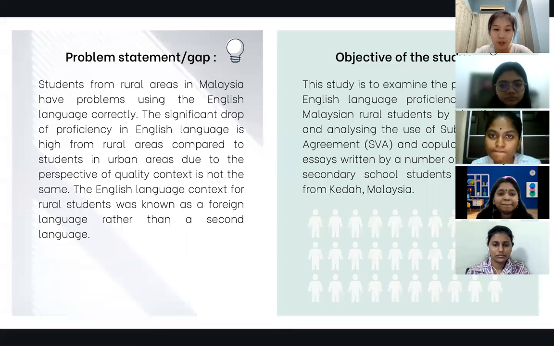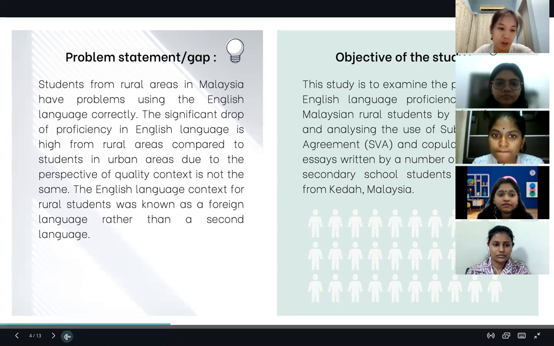So thus, the objective of the study is to examine the problem of English language proficiency among Malaysian rural students by identifying and analyzing the use of SVA and Copula BE in essays written by 32 Malay secondary school students from Kedah, Malaysia.